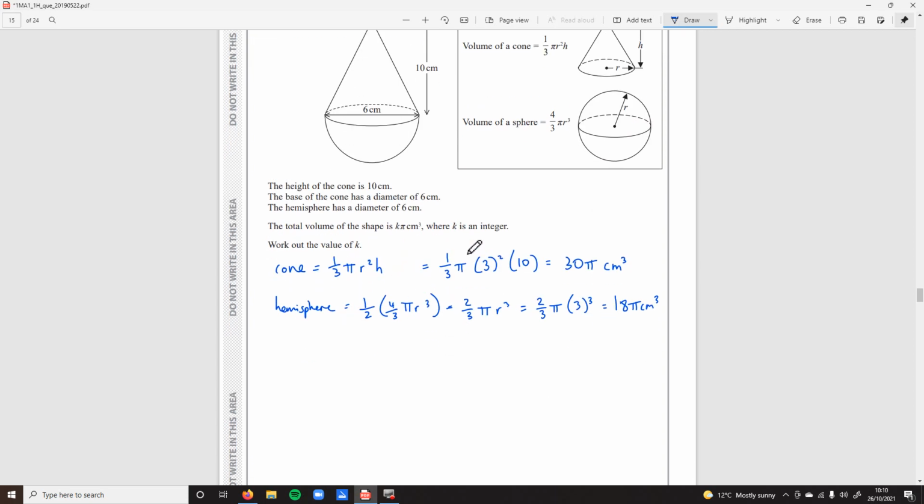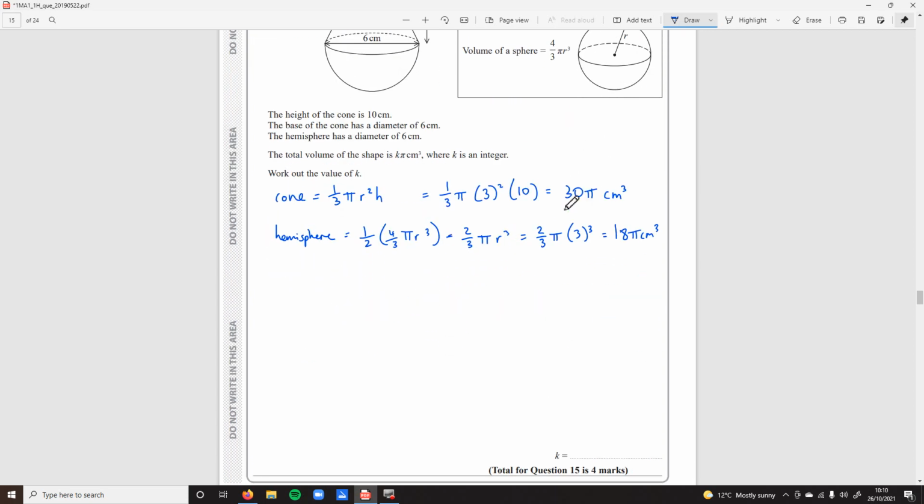The total volume of the shape is k pi centimeters cubed, so it's 30 pi plus 18 pi, which is 48 pi centimeters cubed, so k is 48.